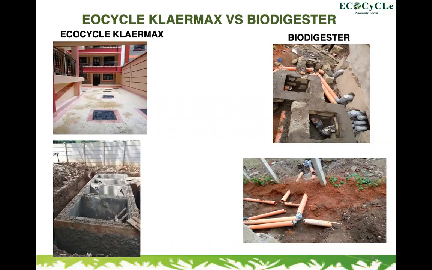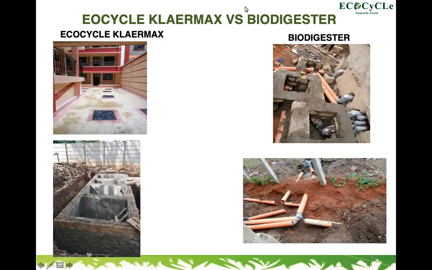So the biggest difference, again, is that in a biodigester, you do not reclaim your clean water from the sewage, but in EOCYCLE Klaermax systems, we have the reclamation of the treated water. Now let's move to the next slide.